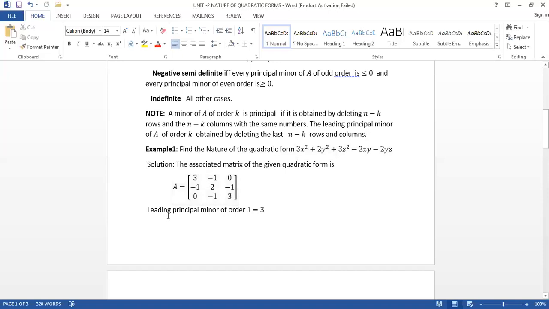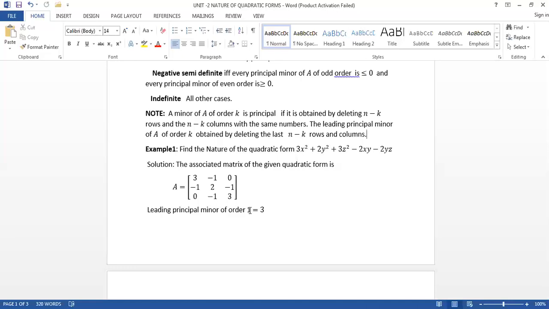Now I am calculating the leading principal minor of order 1. How to get this? Here k equals 1. So we have to delete the last n minus k rows and n minus k columns.